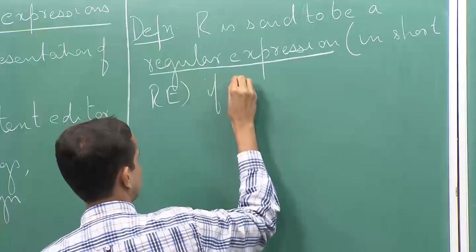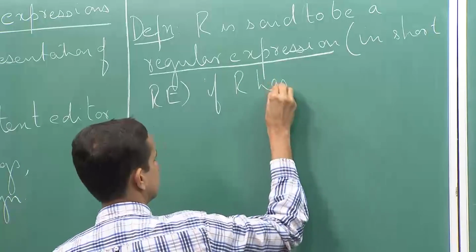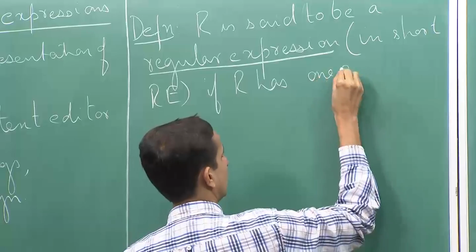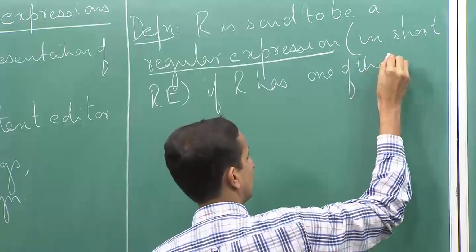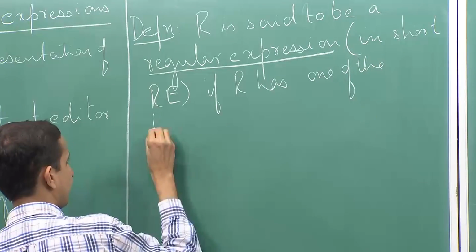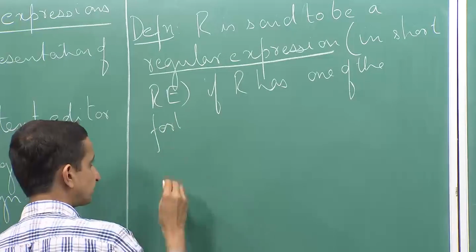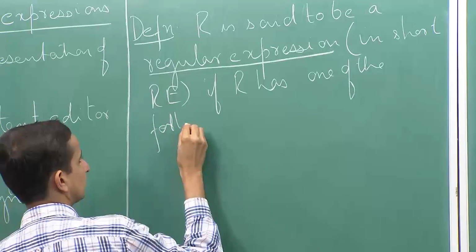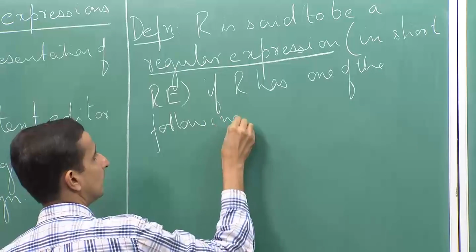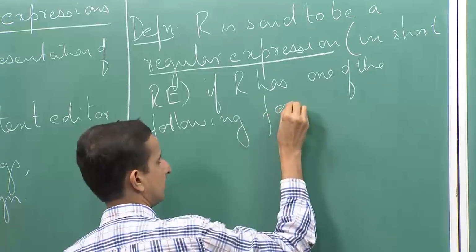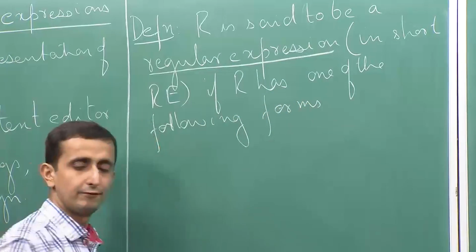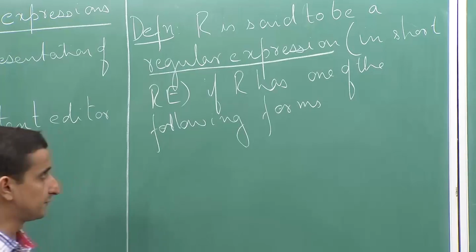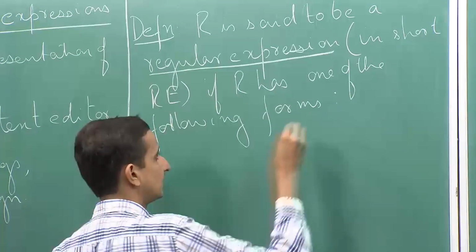If R has one of the following forms. Okay, so if it has one of the following 7 forms that I am going to describe here.